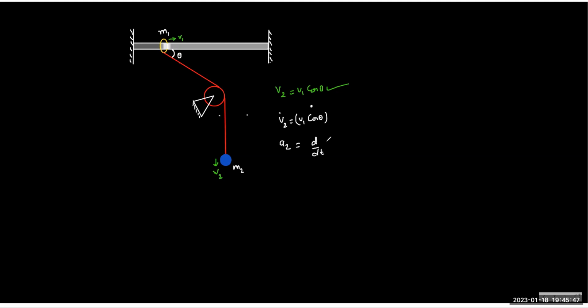This is d by dt of v1 cos theta, so you have to use the product rule. And this will become minus sine theta, d theta by dt by the chain rule, times v1, plus cos theta into a1.